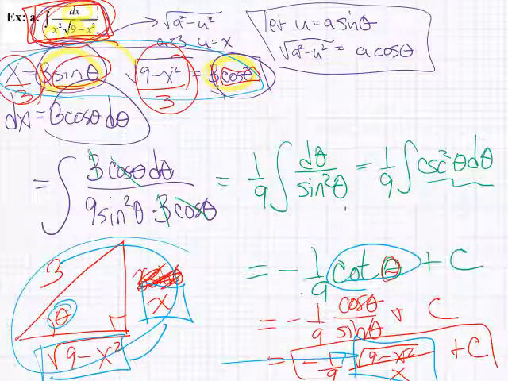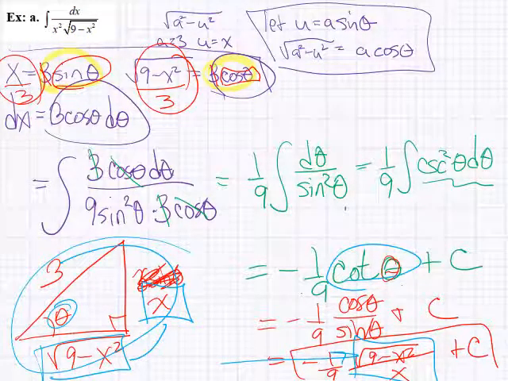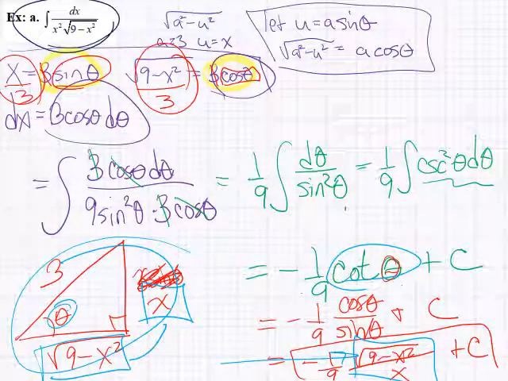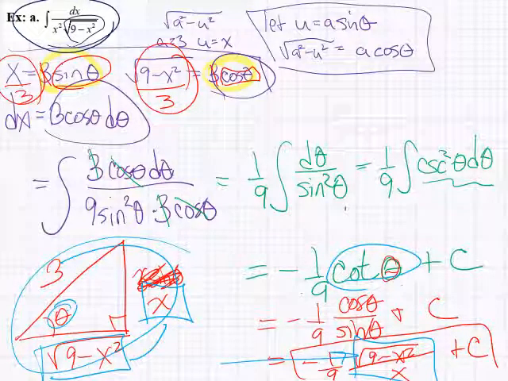Now, one more thing before I move on. Looking back at this integral, why did I even do this? Why did I even try trig substitution? Well, that square root was kind of an indicator, one. Two, it's not really anything else that's going to work. This on its own doesn't really fit anything nicely.